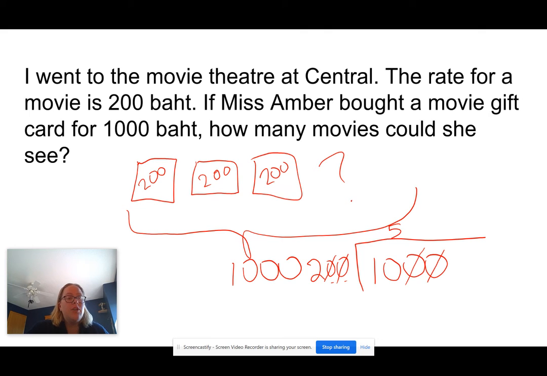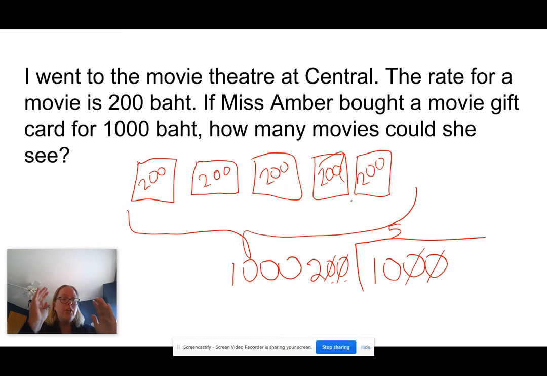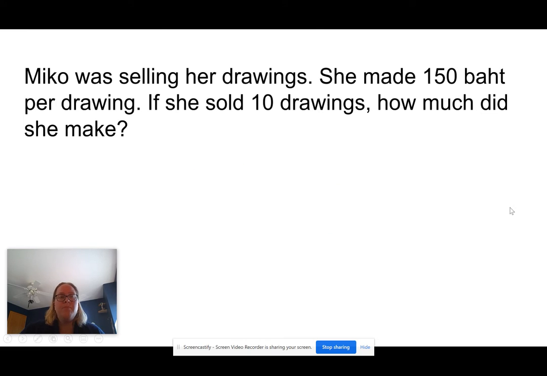So she could watch 5 movies. I could go 200, 400, 600, 800, 1,000. So I could draw it out that way, or I can divide. Let's try another one and see what we get.